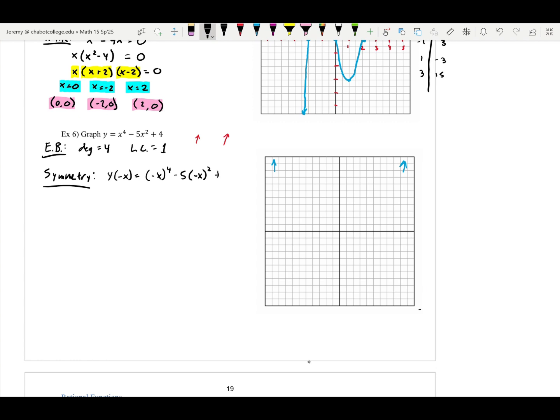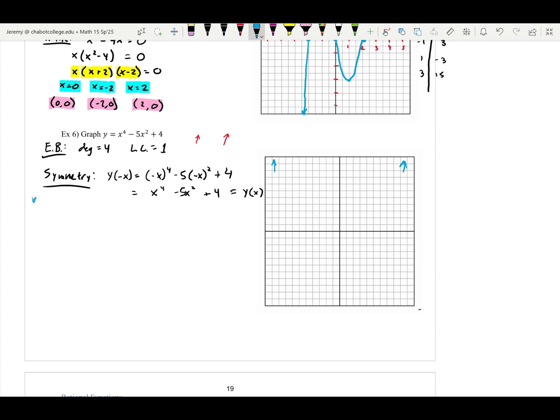Remember to include the negative inside of the parentheses. And something interesting happens. These are both even powers, so if you raise it to an even power, the negative sign goes away, so x to the 4th minus 5x squared plus 4. Look at that, that's the same as the original function. All the negatives just disappeared because they were raised to even powers.